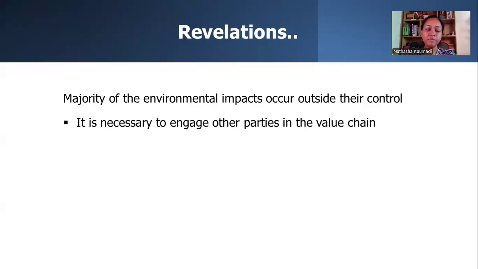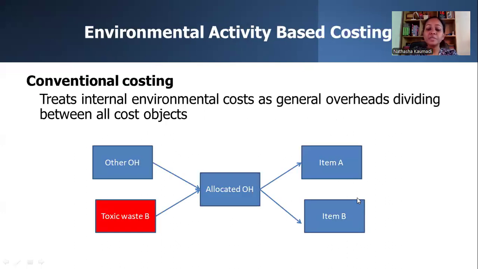When we have sold the product and consumers are using it, then there's a huge climate change impact, water impact, energy impact. So it is necessary to engage other parties in the value chain. So sometimes we can take necessary steps. We can create awareness among the customers. We can create different recycling methods, different things companies can do on behalf of this, right?